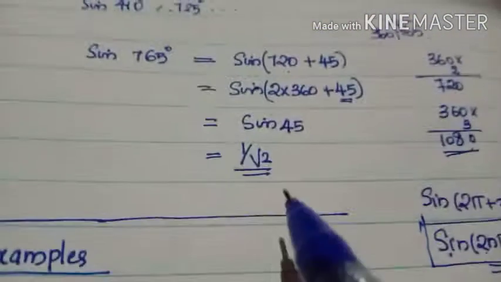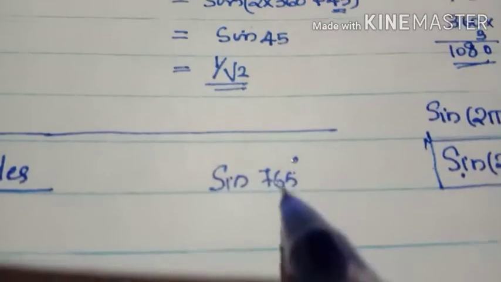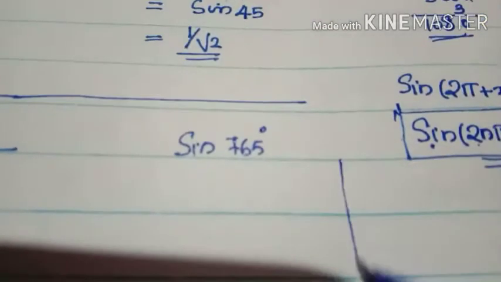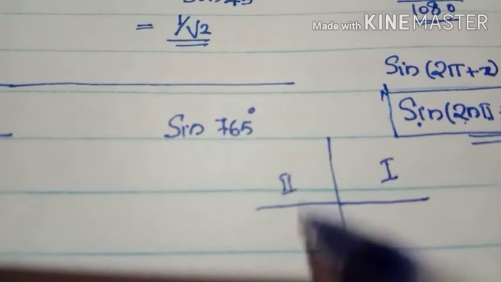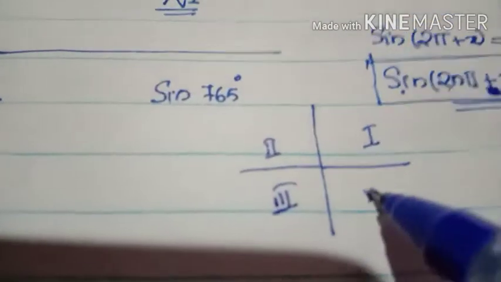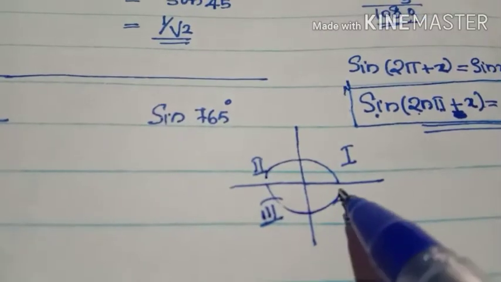Now again listen, in the same question, sine 765. In which quadrant does this 765 lie? First, second, third, fourth. 360 means one revolution.